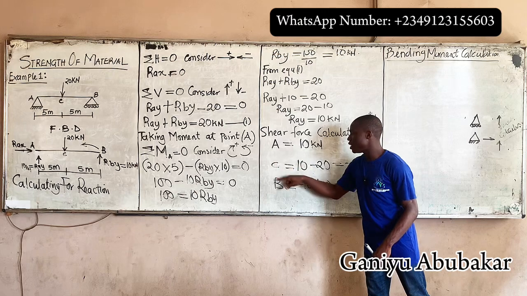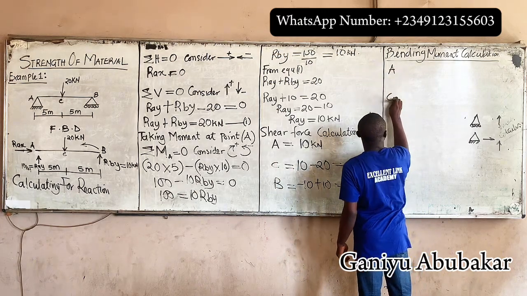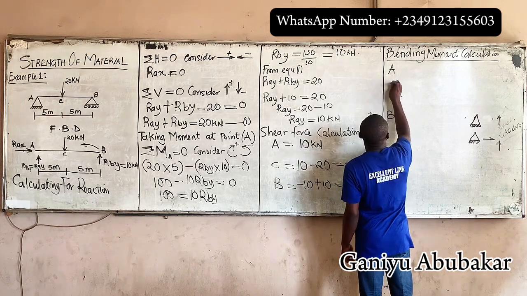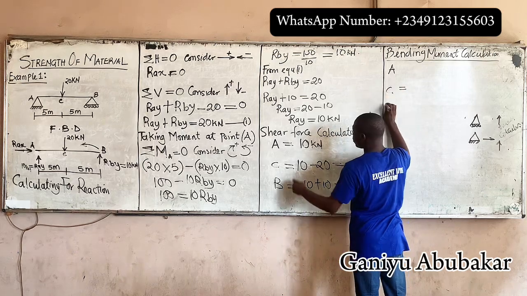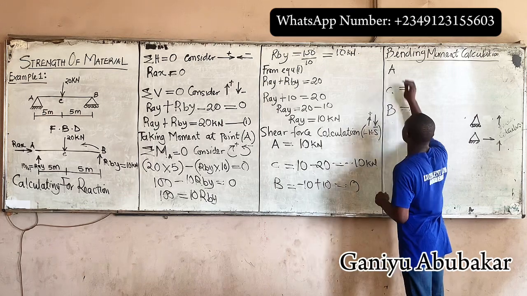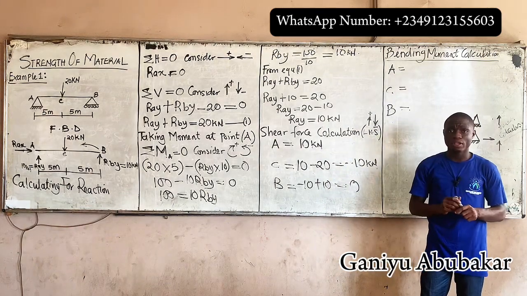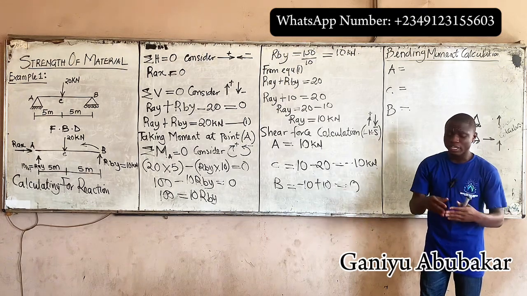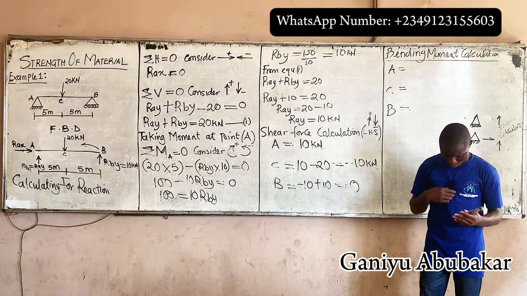I have A, C, and B. Listen up, please. The task is quite simple from the shear force concept, right? So when it comes to bending moment, what are you intending to watch out for? Now, this is first. We know before now that anywhere we take moment from is always 0, right?